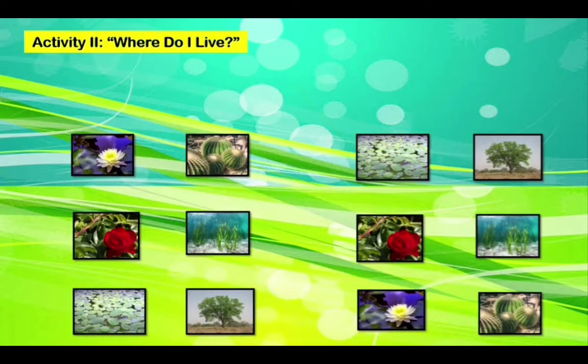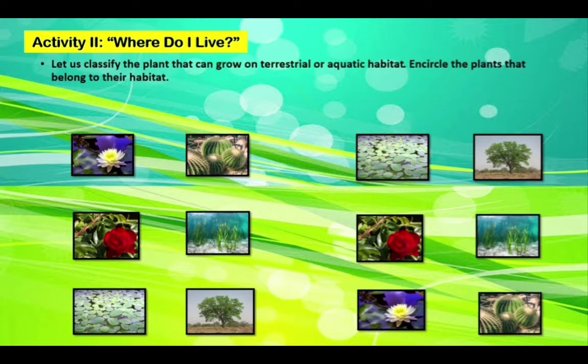Okay, we have activity 2. Where do I live? Let us classify the plants that can grow in a terrestrial or aquatic habitat. Encircle the plants that belong to their habitat. I'll give you 10 seconds to answer.